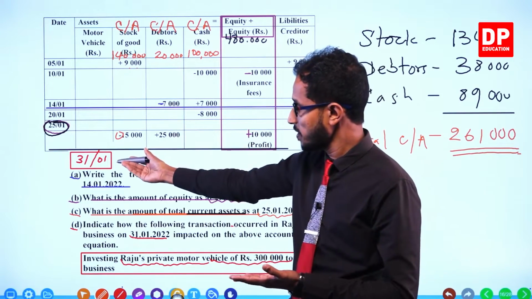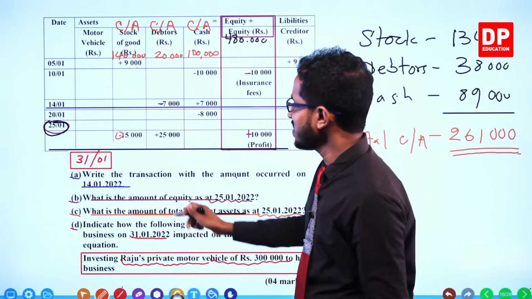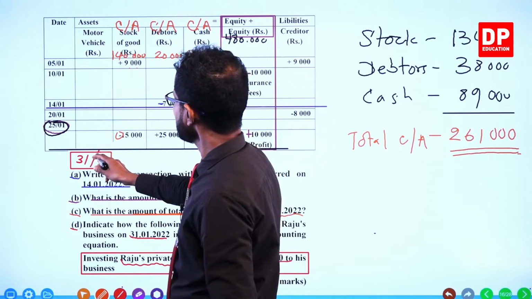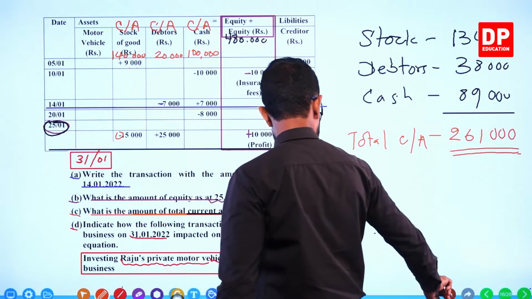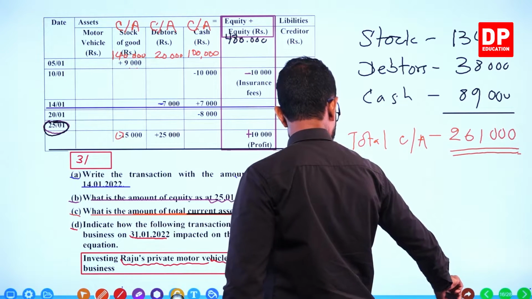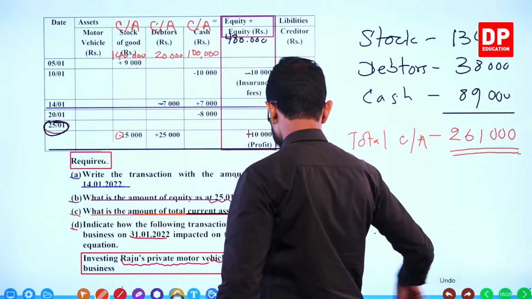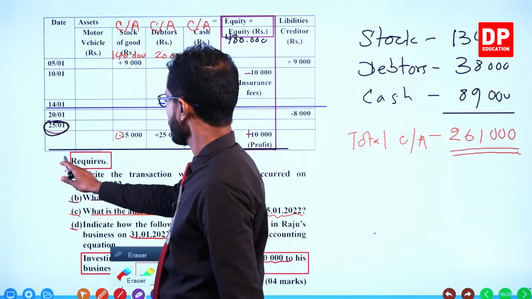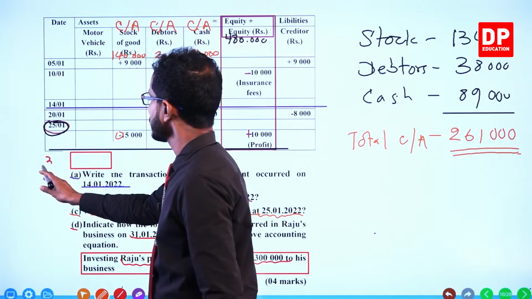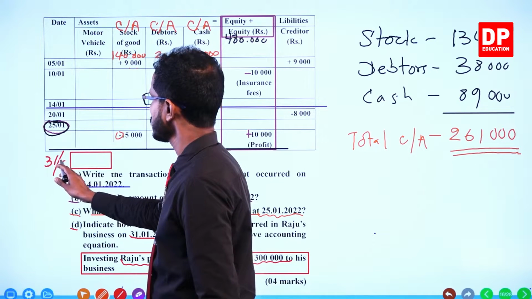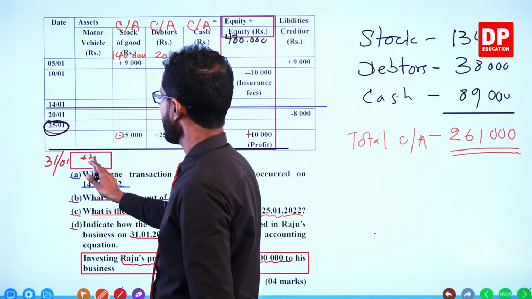Investing Raju's private motor vehicle. So motor vehicles increase. Let's use this box for motor vehicles. Date here, 31st January. Motor vehicles increased by 300,000.